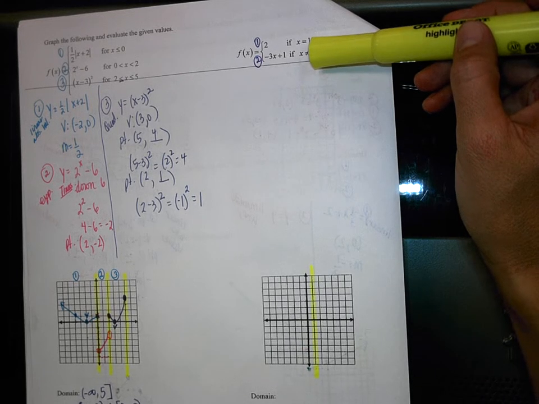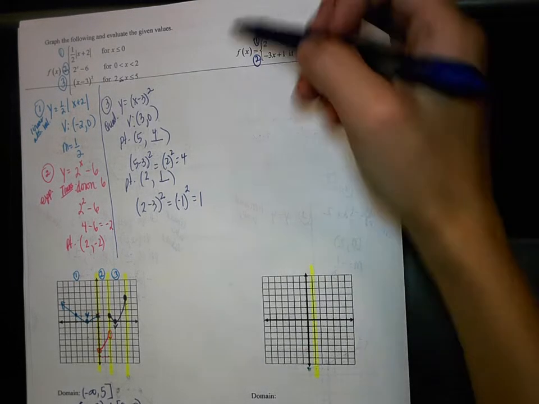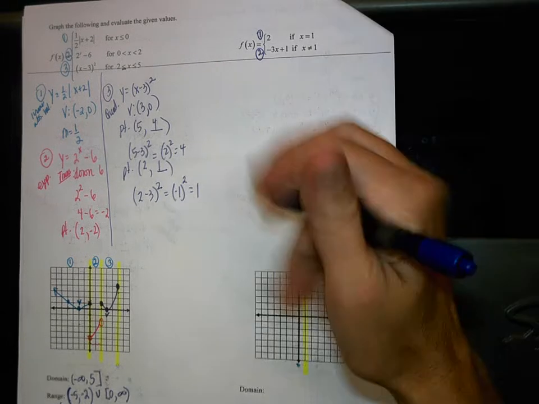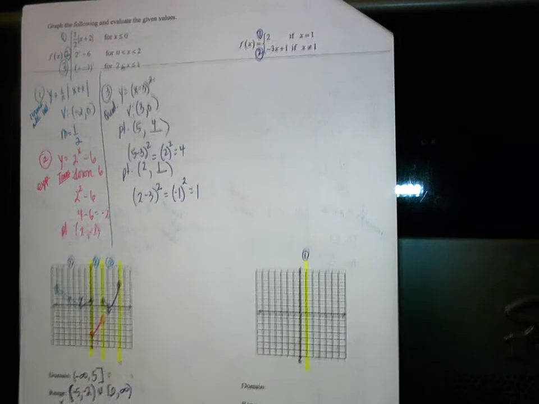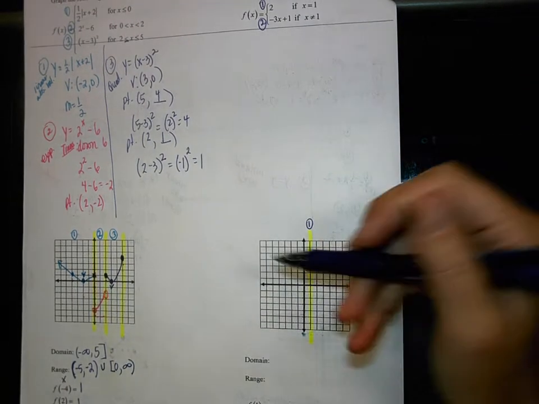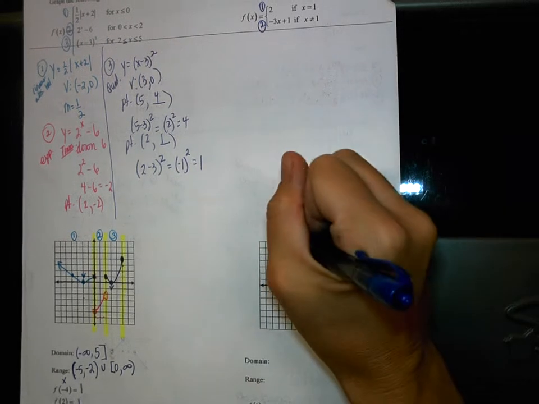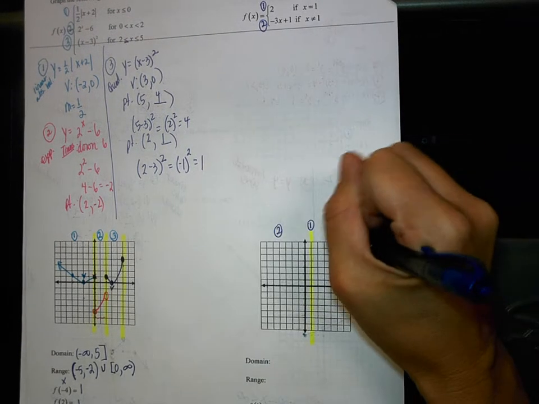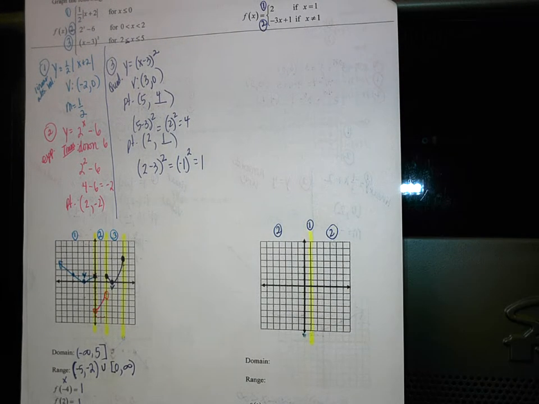Okay? So on this equation 1, where it equals 1, right here, this is equation 1. Only that line. But equation 2 is everywhere except for that line. Is that okay?